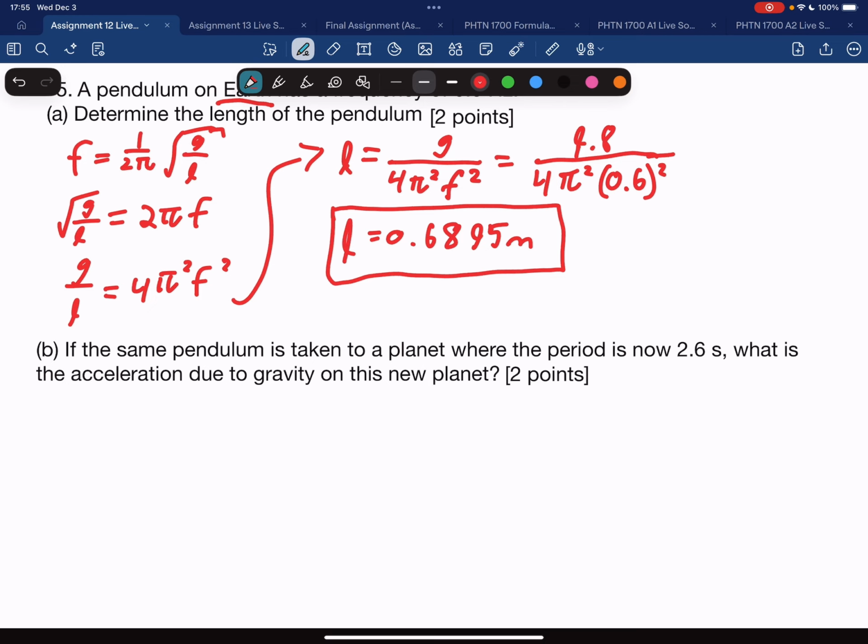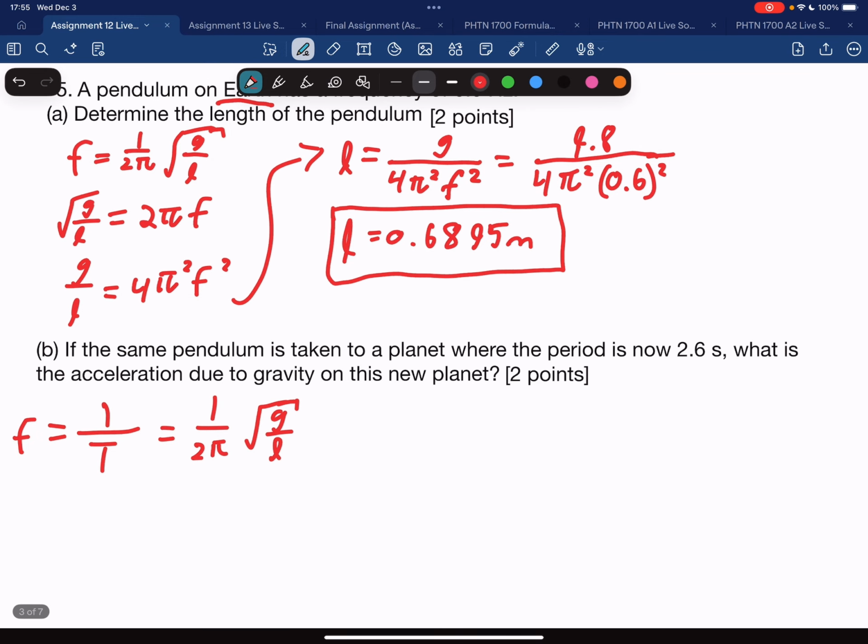I'm going to say that 1 over T, the period, is equal to 1 over 2 pi times the square root of g over L. Now this is the exact same formula as above. What I have done is I've replaced the frequency with 1 over the period. So I took two formulas from the formula sheet to create this one here.